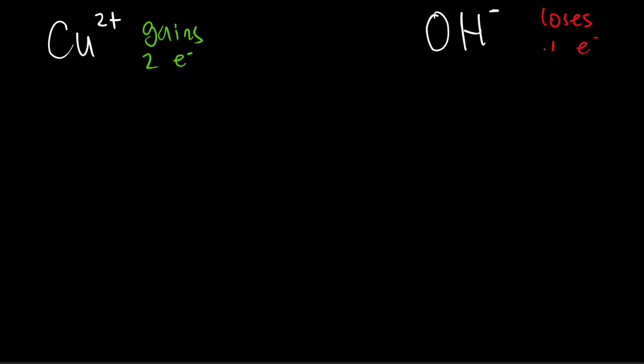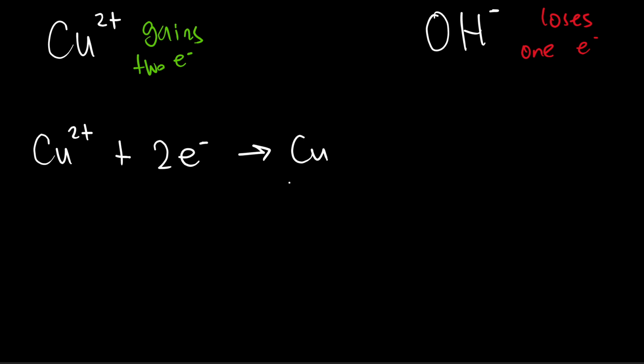Let me just write it out. Gains 2 electrons, loses 1 electron. What's the formula going to look like? We have our Cu2 plus. It's receiving 2 electrons, and that goes to form pure copper.